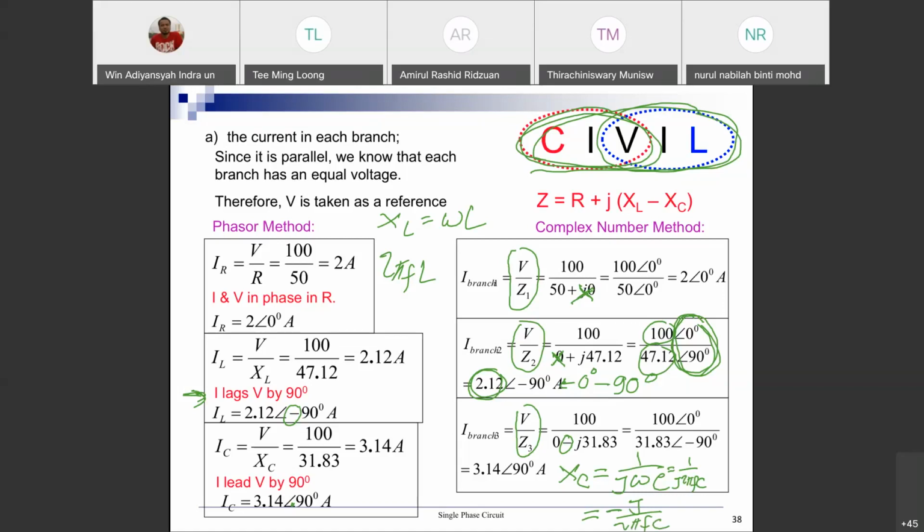So you have this minus coming from there. Since this is minus, this one is minus. So 0 minus minus 90 will be plus.